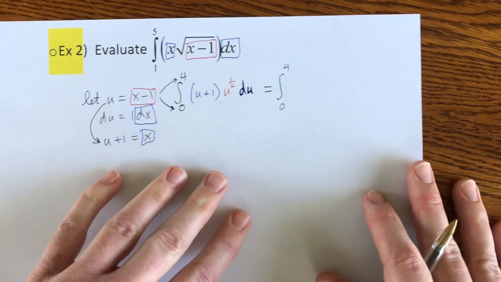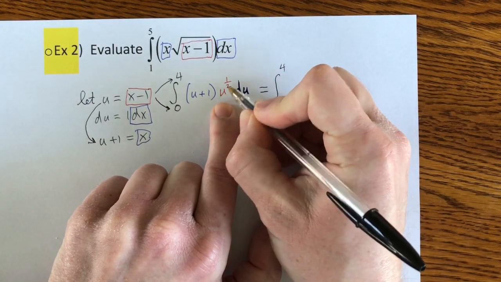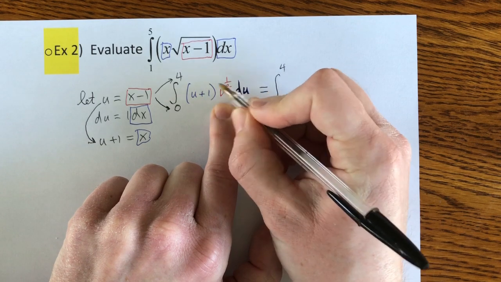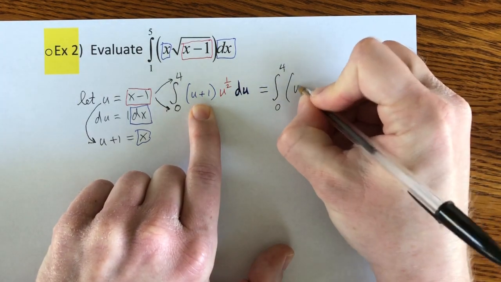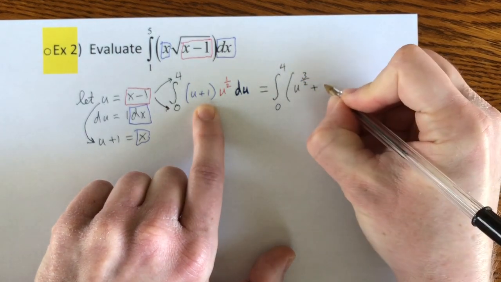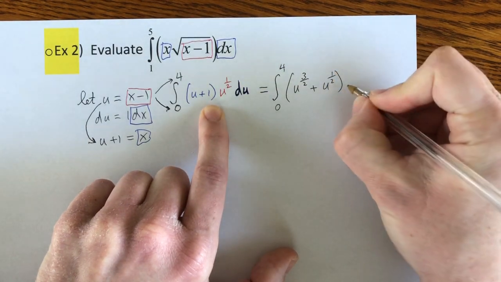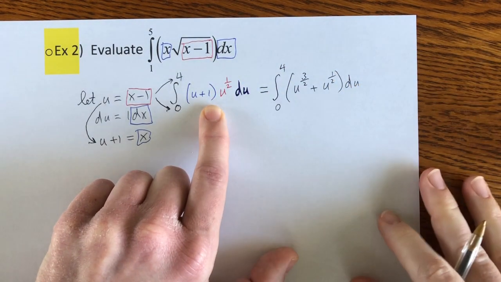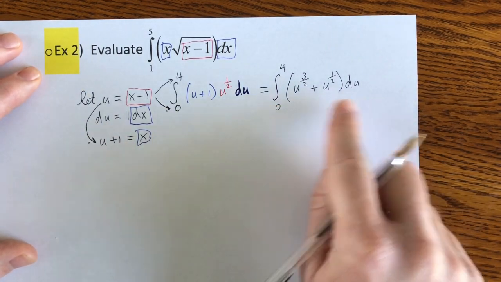First step is to distribute the u to the 1/2 through the quantity u plus 1. And so we would get u to the 3/2 plus u to the 1/2, closed quantity with respect to u. Now we're able to evaluate this definite integral.